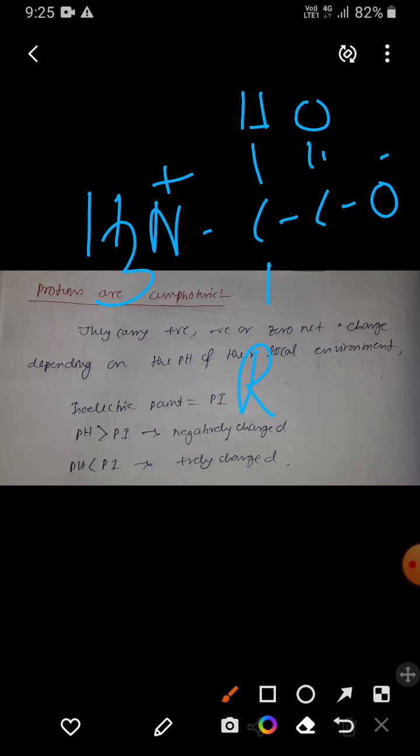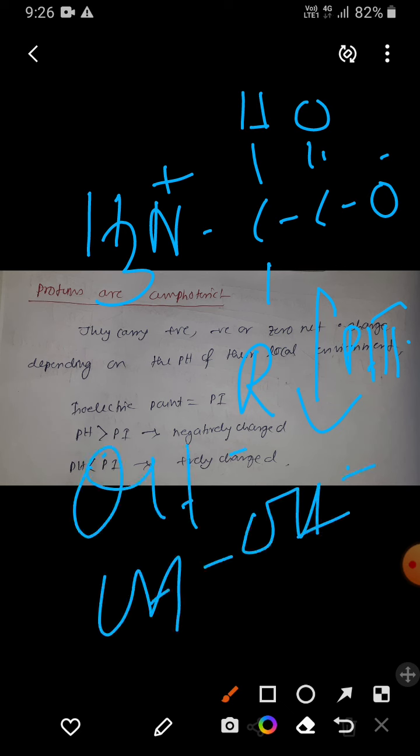It is an amino acid which is in its zwitter ion form. Now let's see what happens if we increase the pH of the environment. Increase of pH means, remember, there will be too much OH minus ion in the environment, and in presence of too much OH minus ion, what will happen?